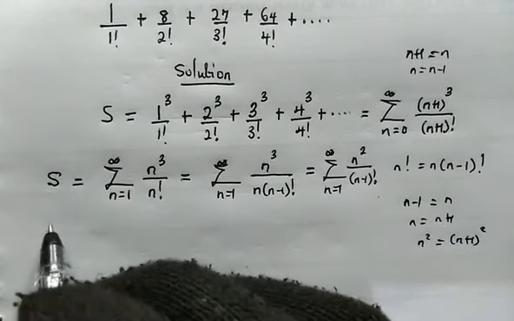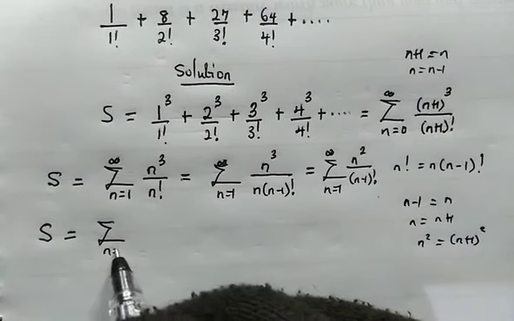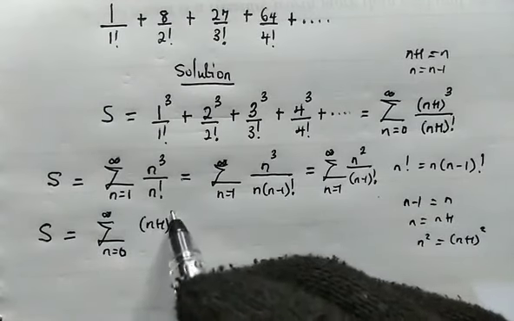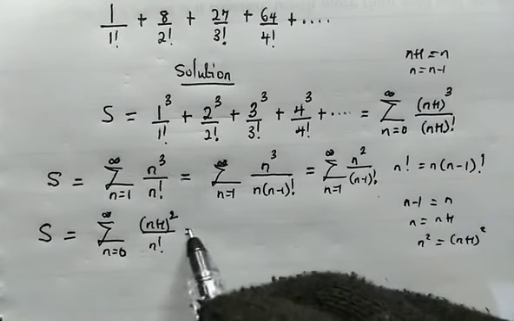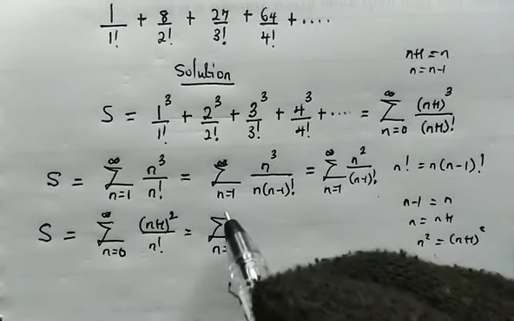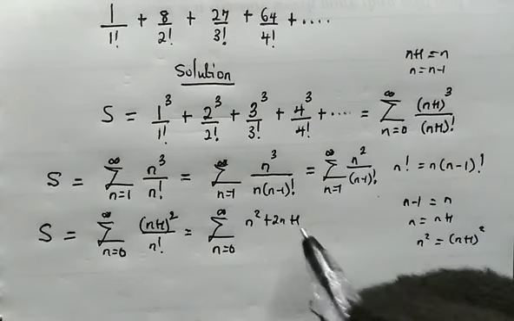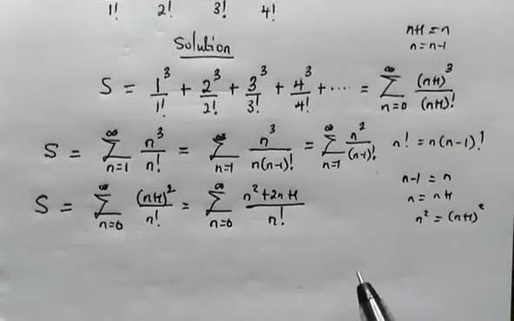So here our infinite series equals the sum, now k goes from 0 to infinity, of (k plus 1) squared, divided by k factorial. And when we expand this binomial, we have the sum as k goes from 0 to infinity of k squared plus 2k plus 1, divided by k factorial.